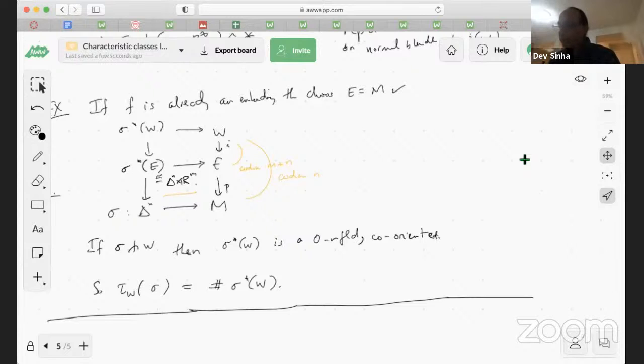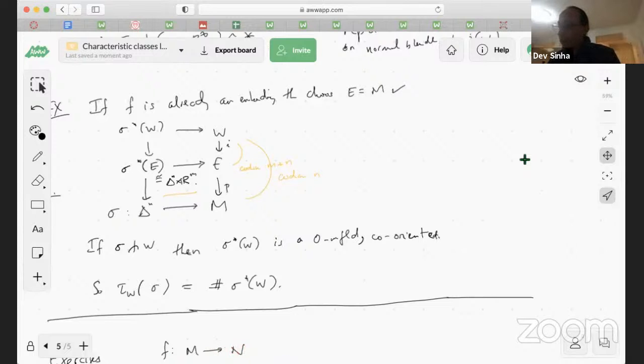Let's just, for now, give a couple of exercises. Some are pretty, yeah, I like these. For all of these, we're going to have a map between manifolds, not necessarily of the same dimension.